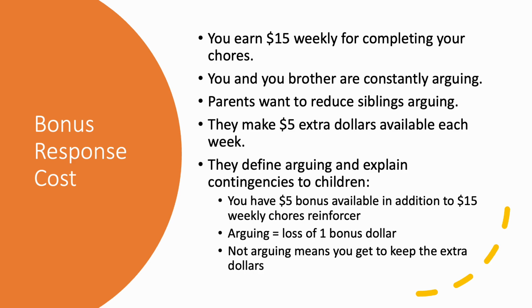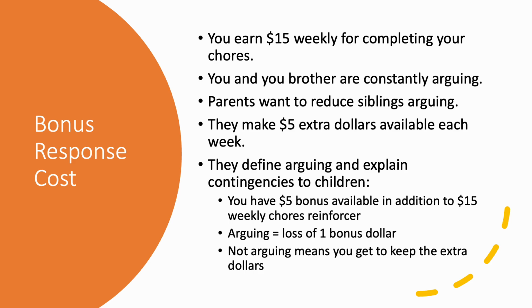Okay, so let's consider the example. It begins by saying you earn $15 weekly for completing your chores. That's your standard amount. If you complete your chores, you get your $15. But you and your brother are constantly arguing, and your parents are tired of hearing you argue.